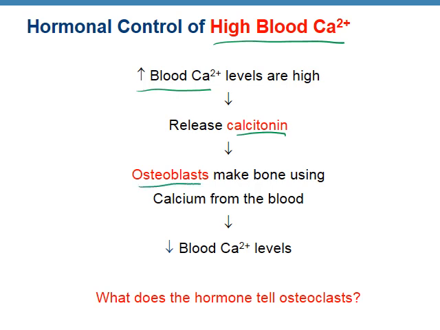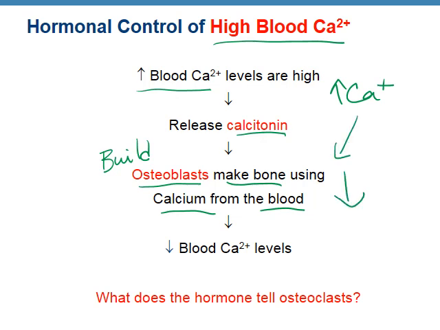It's going to target the osteoblasts. What do osteoblasts do? They build bone. So when they make bone, we're going to pull calcium from the blood. So your calcium is too high. We're going to build bone, and we're going to steal the calcium from your blood, which is going to cause the calcium levels to go down or decrease.